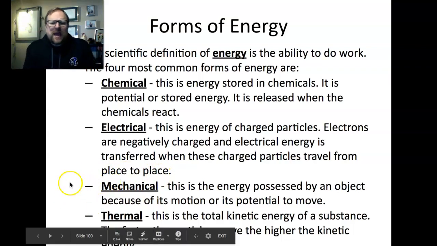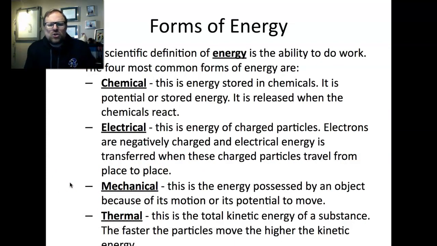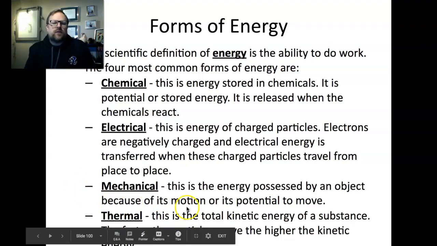The next kind is mechanical energy, and this is the energy possessed by an object because of its motion or its potential to move. So I like to think of mechanical energy as a machine doing work, right? And the more mechanical energy a machine has, the more ability it has to do work for us, to lift heavy objects, to move things from one place to another, okay?